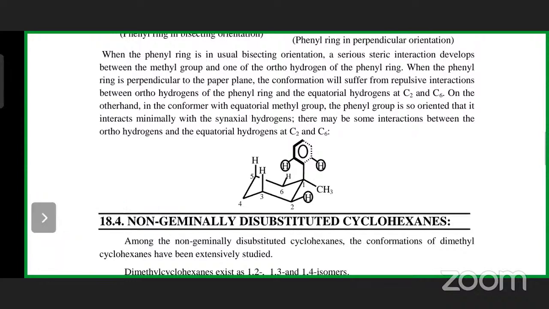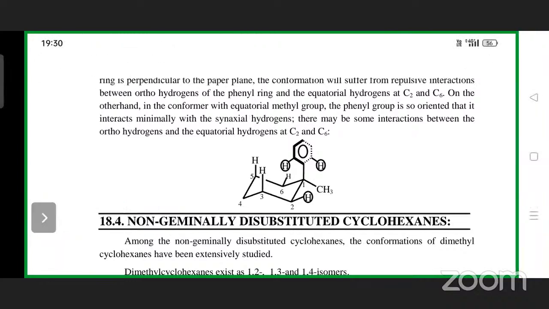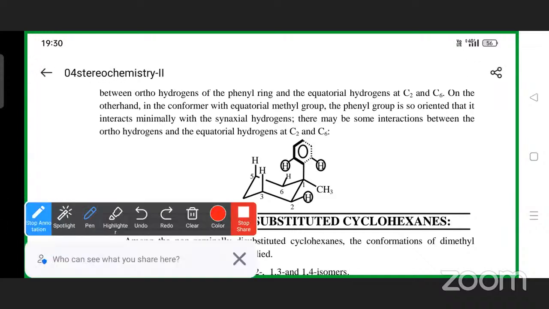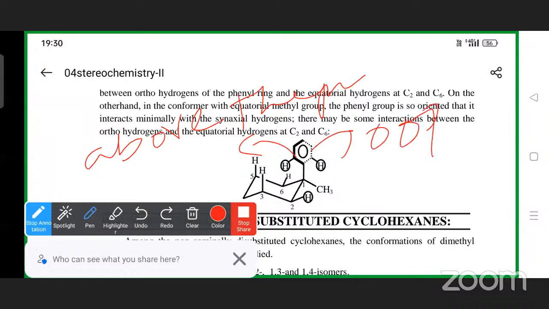And if the phenyl group is in the axial orientation, you see this is above the plane, and these hydrogens are out of plane.